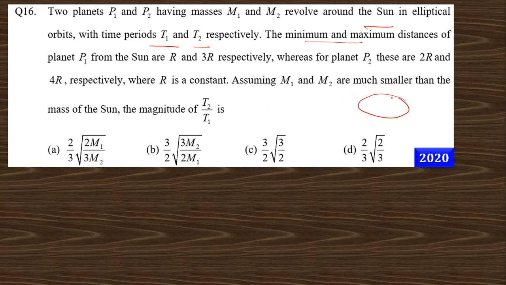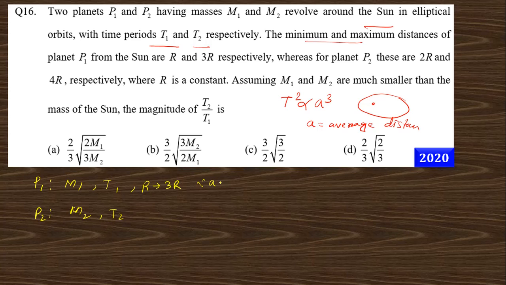You know for an elliptical path the time period T square is proportional to a cube, where a is the average distance, right? So here the given data says for planet P1 the mass is m1, for planet P2 the mass is m2, and time periods t1 and t2, the radius minimum r, maximum 3r.